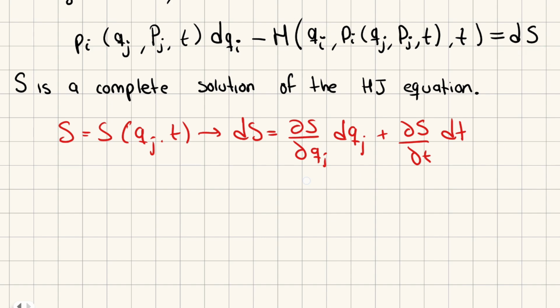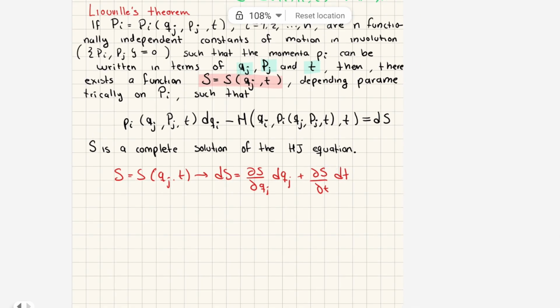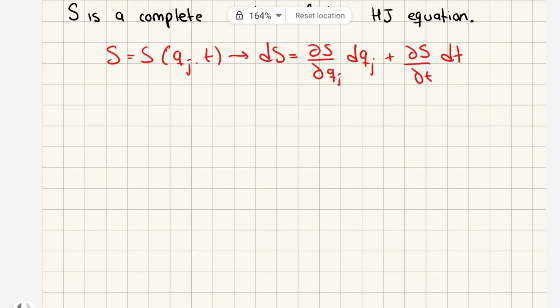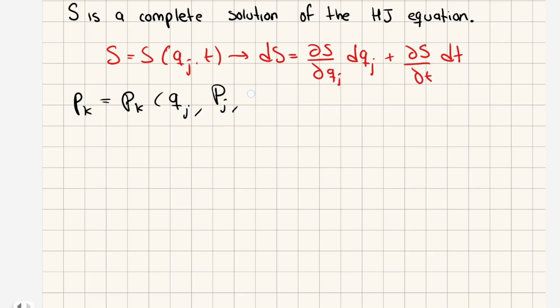Okay, perfect. So we are going to start proving this theorem, and the first thing we are going to do is to calculate the total differential of the little p's. Remember that p_k is a function of the q_j, then upper P_j, and then the time.